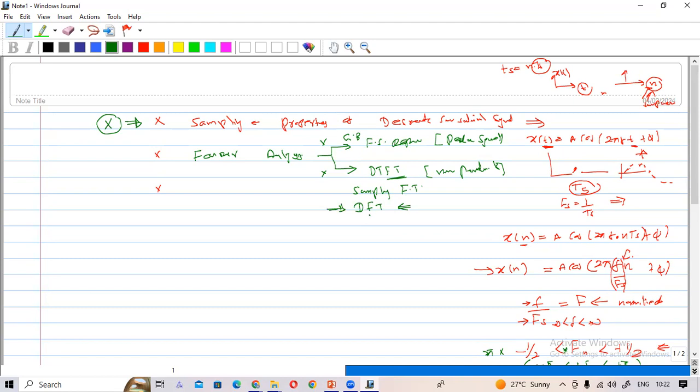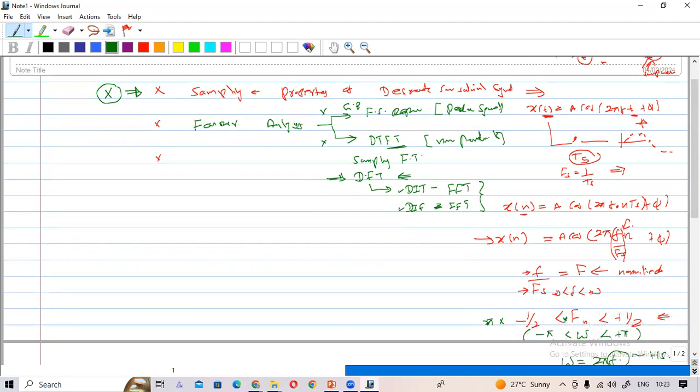Then under DFT, we have discussed two types of algorithms to calculate the DFT: decimation in time fast Fourier transform, FFT, and decimation in frequency fast Fourier transform. These two algorithms we have discussed. I have uploaded one example. Please go through it and be familiar with these things.